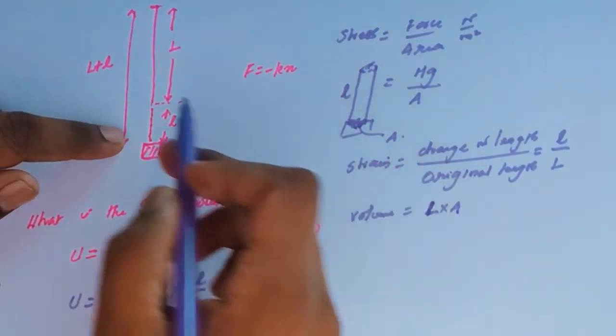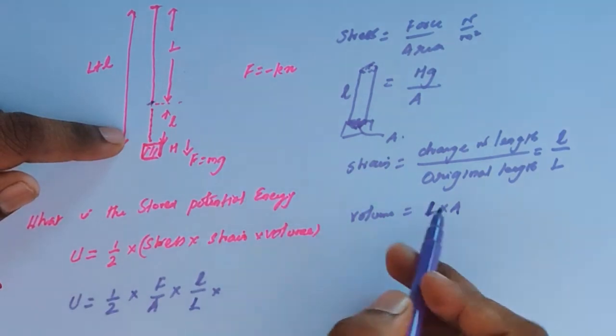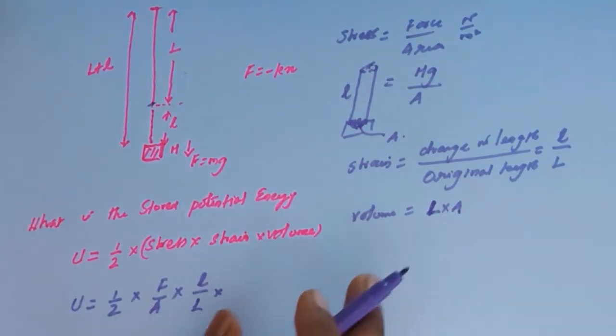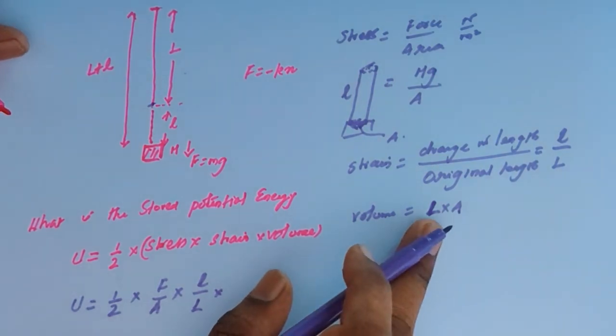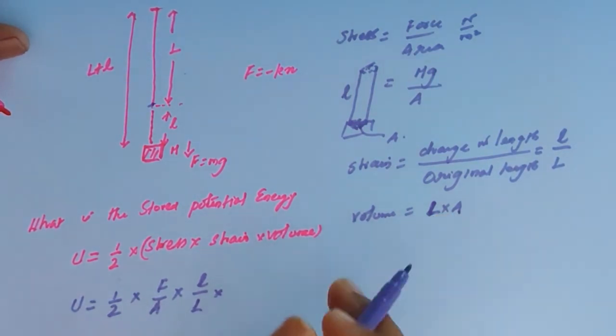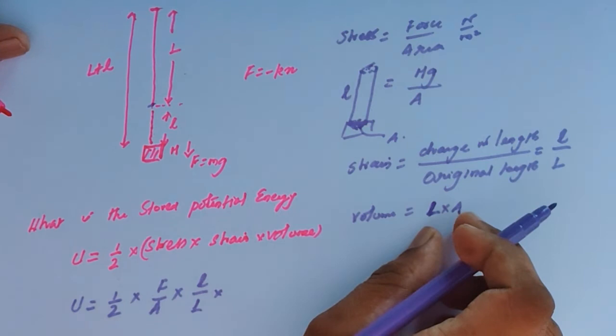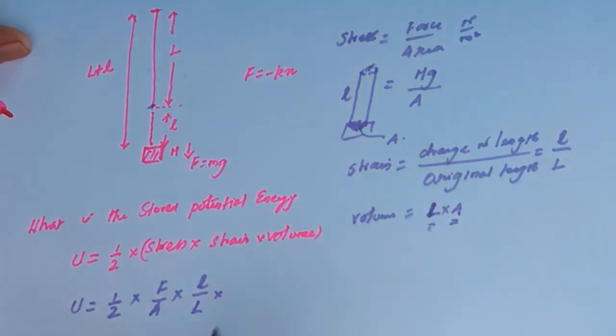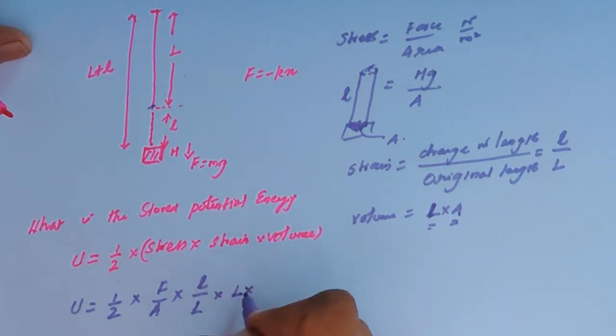So in general you can calculate the volume before adding the load. That volume is equal to L times A. The volume remains the same because the number of particles is not lost. Even though the area of cross section and the length change after the load is applied, the product, the volume, will be the same. So the volume is capital L times the area of the cross section.